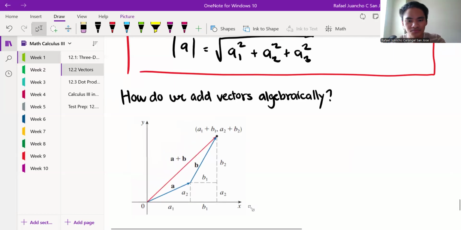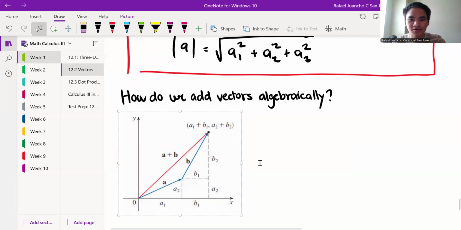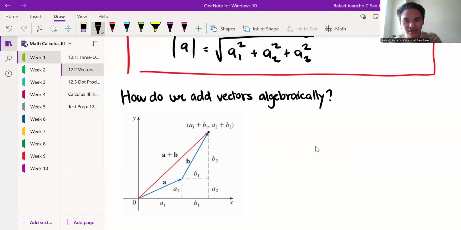Wow, looks very complicated, right? I know. I haven't seen it. If A is A1, A2, B is B1, B2. So we're saying A is A1, A2.